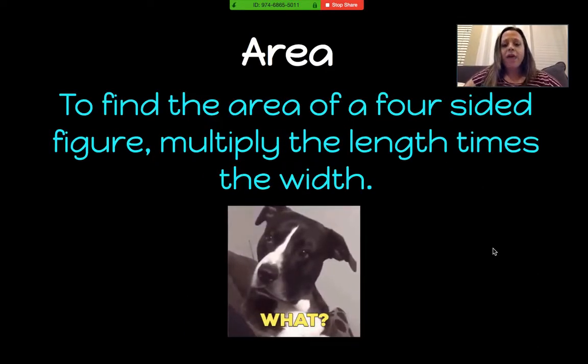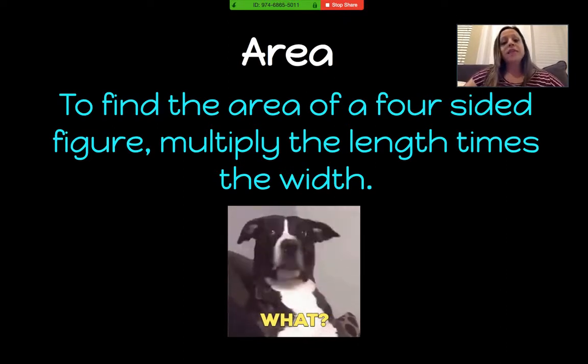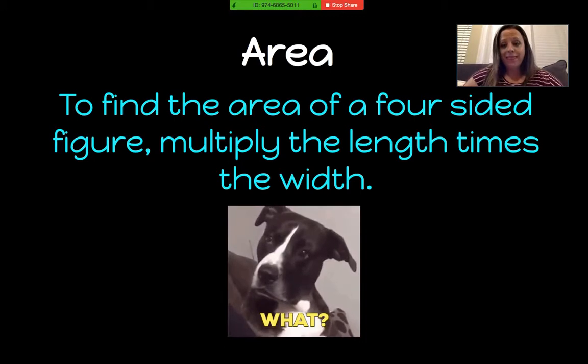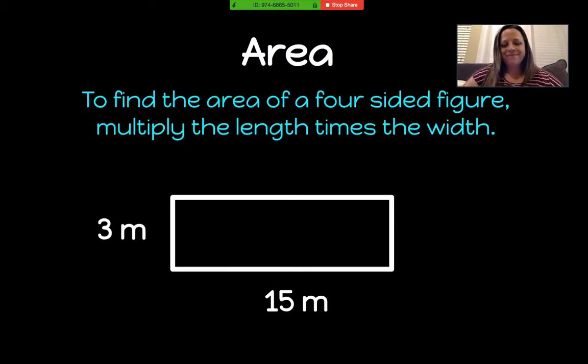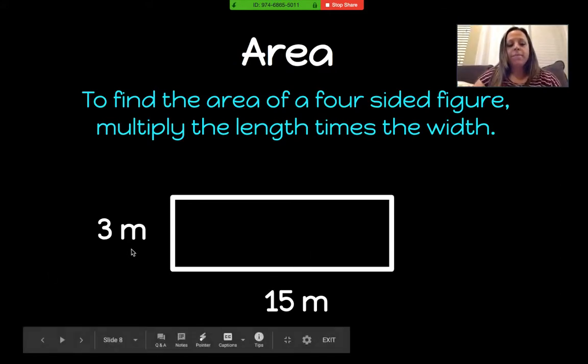To find the area of a four-sided figure, you're going to multiply the length times the width. For example, if you have a shape that is 3 meters by 15 meters, you would simply multiply 3 times 15.